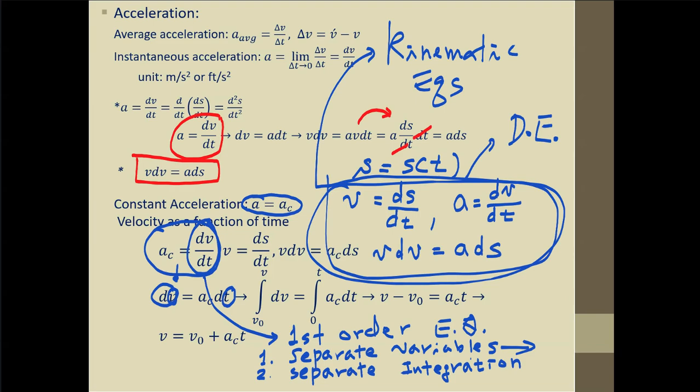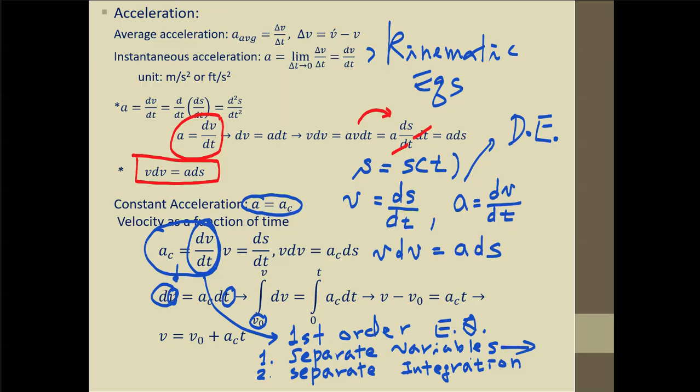Now lower limit, upper limit. When time is zero, then initial velocity v sub zero. This has to be initial velocity. When time is any time t, this is any time t.